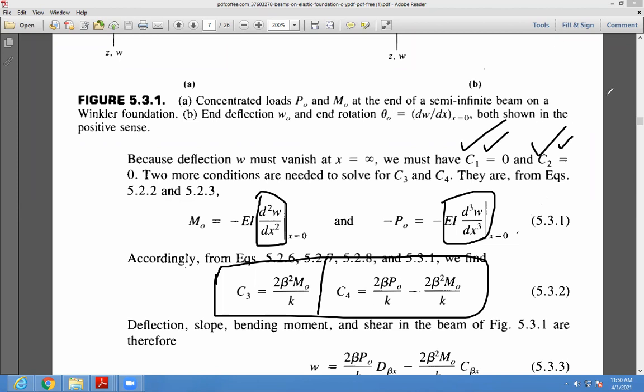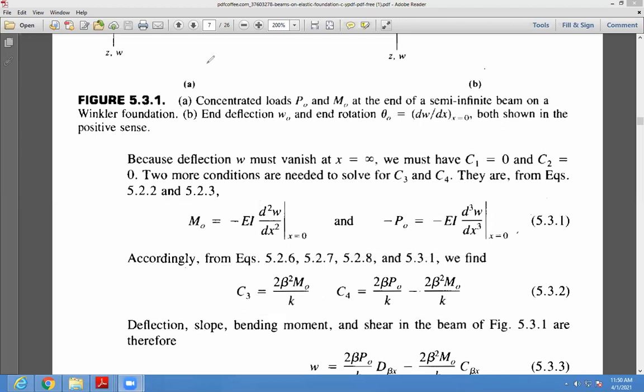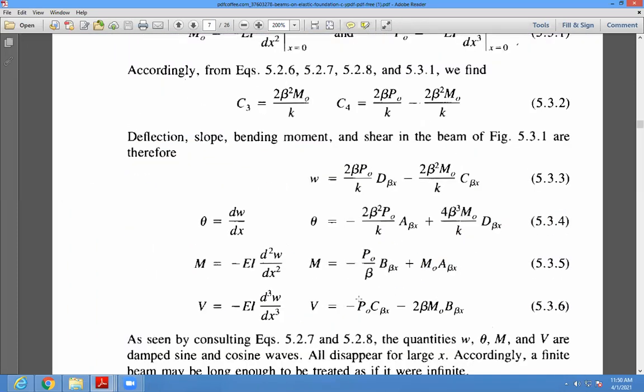So C1, C2 are 0, and C3 is 2 beta square m naught by k. C4 is 2 beta p naught by k minus 2 beta square m naught by k. So we get the values of C1, C2, C3, C4. Now, in the equations of slope, deflection, moment and shear, we have to put the values of C1, C2, C3, C4, by taking the derivative once, twice, or three times of the deflection.